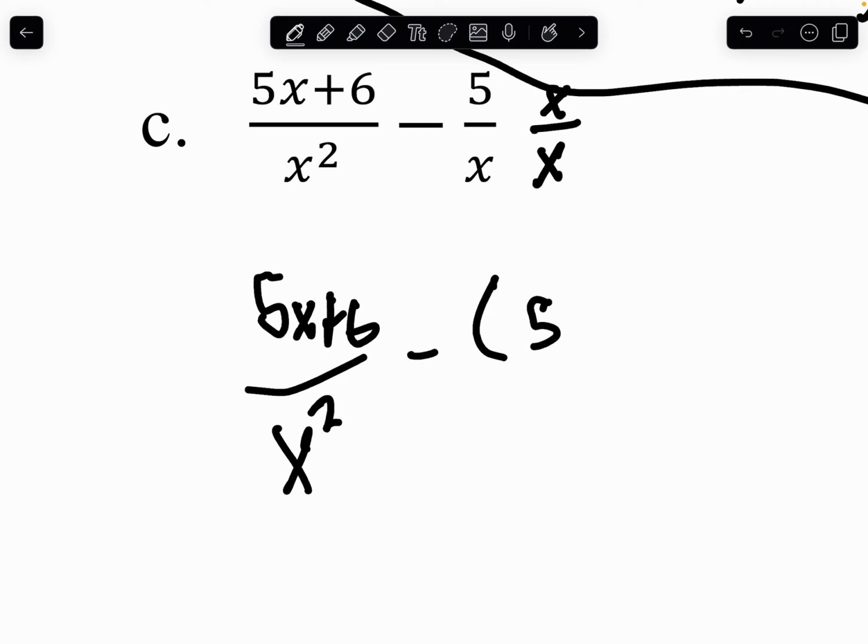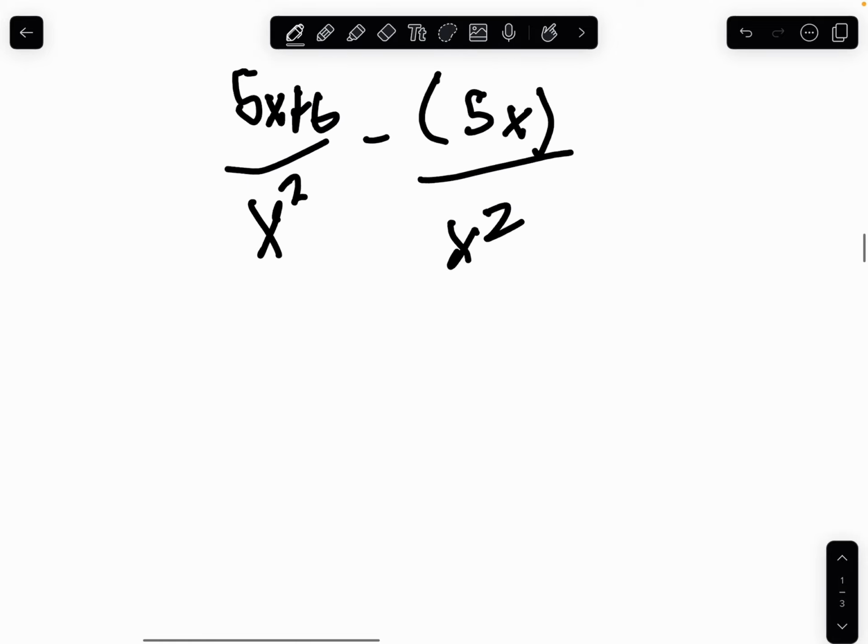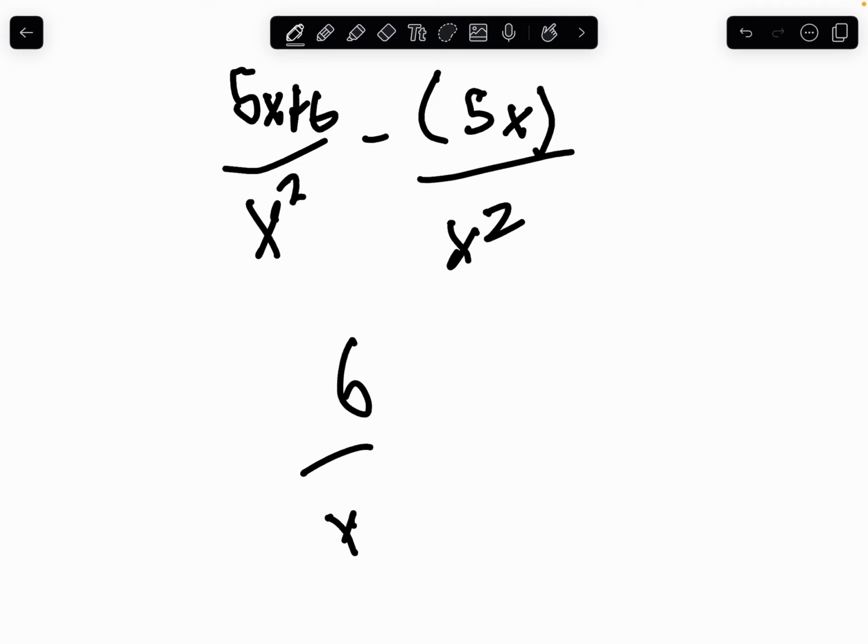So minus 5x over x squared. Now we can combine them. It's 5x minus 5x is 0. So we're just left with 6 over x squared for the answer.